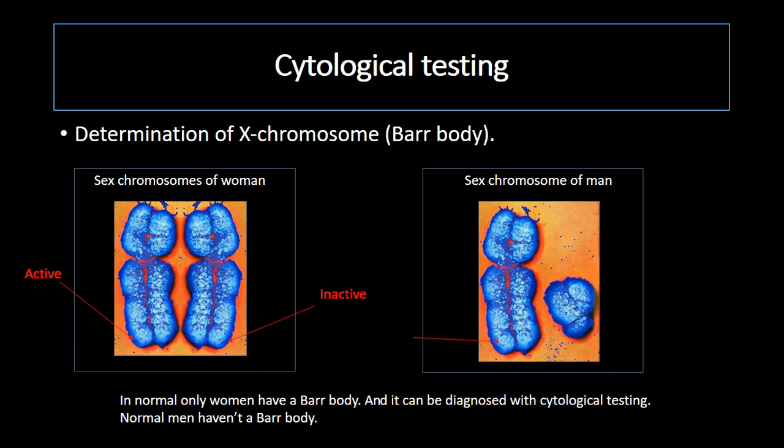So, as you know, the genotype of the women is XX, and one of the X chromosomes is active and another X chromosome is inactive.